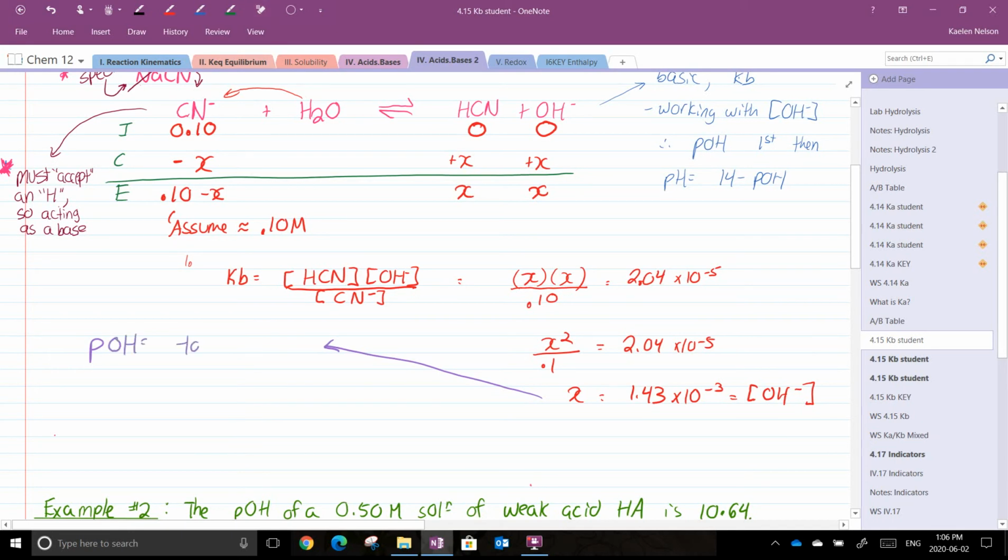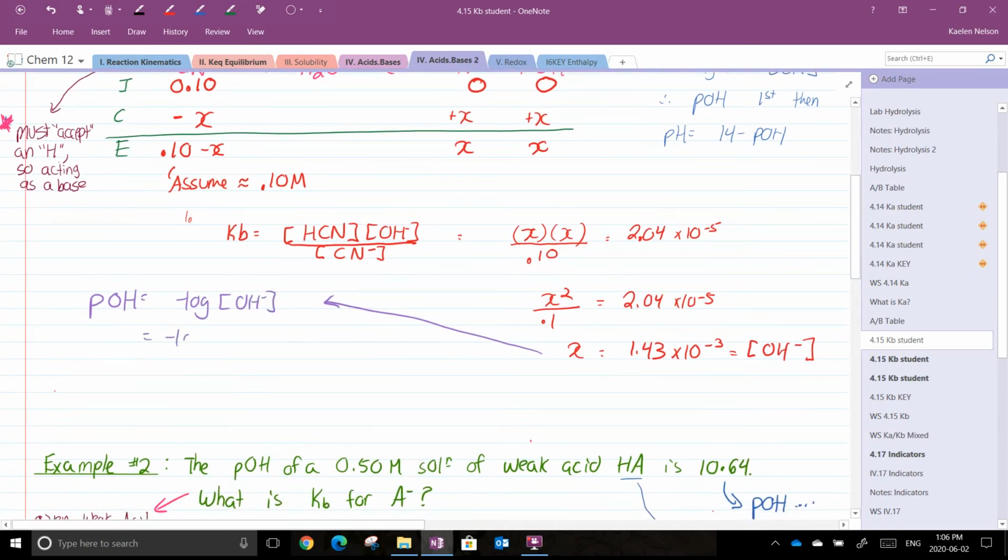pOH equals negative log of OH minus. So negative log of 1.43 times 10 to the minus 3. And if you plunk that into your calculator correctly, you should get 2.85, again, still carrying sig figs.